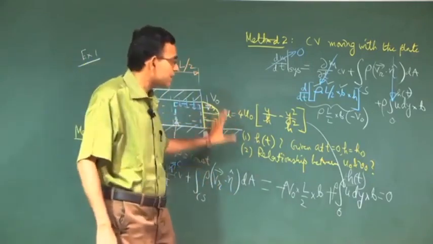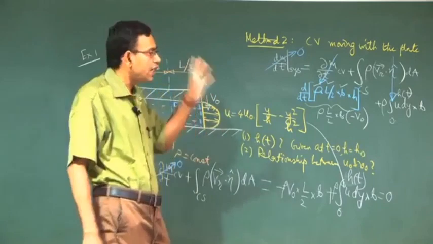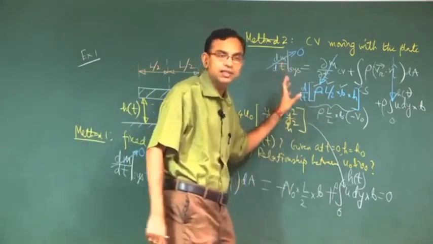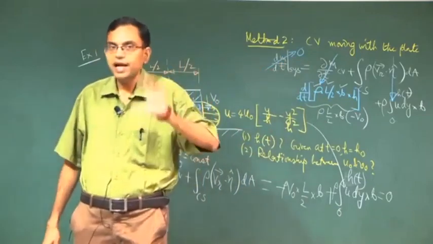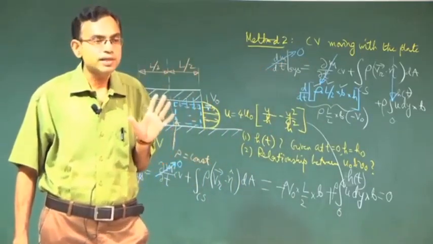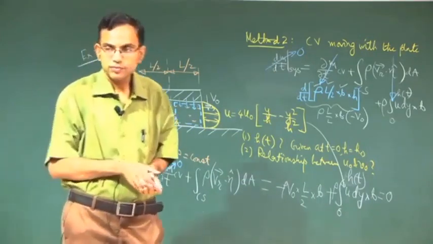So that clarity must be there, and that clarity is very important to relate what the student is writing with what control volume he or she has taken, and that should be one very important component of your assessment rather than just making an assessment on the final answer.